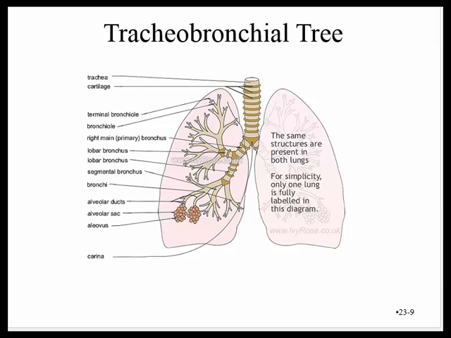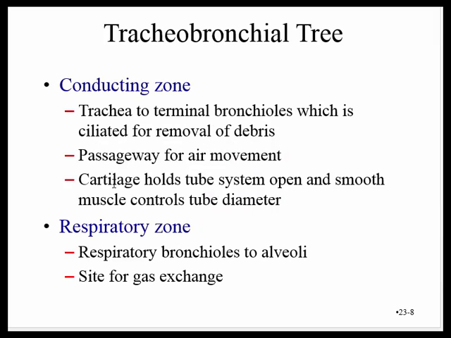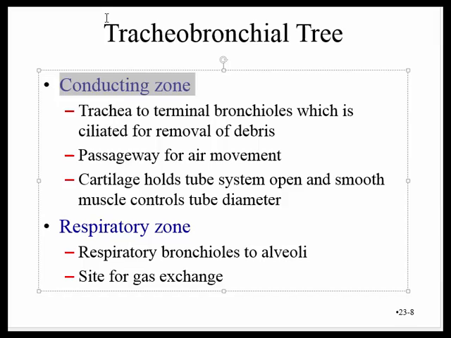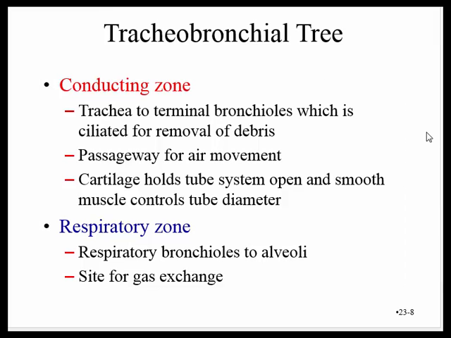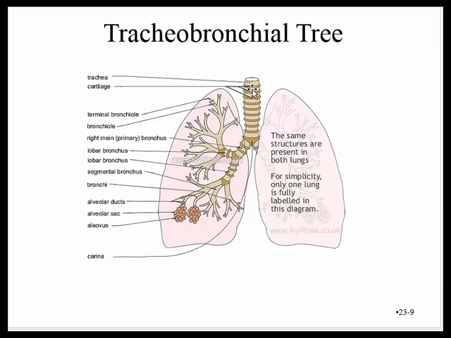And so the tracheobronchial tree, we're going to have what are called conducting zone structures. And conducting zone structures is basically from the trachea all the way through what are called our terminal bronchioles. So basically our trachea through the primary and secondary, tertiary bronchi, which we'll talk about, into the bronchioles.